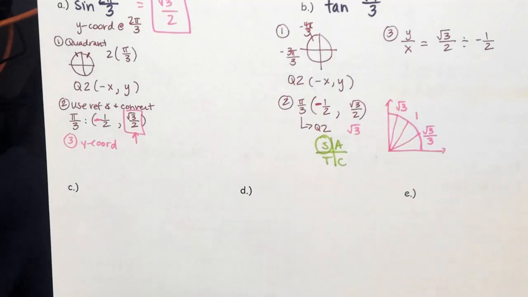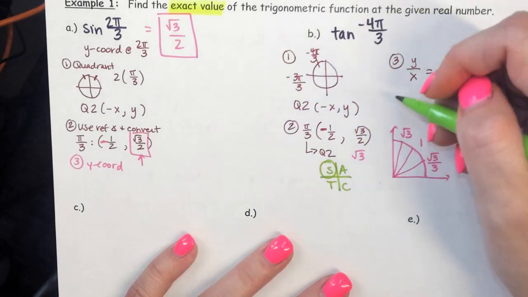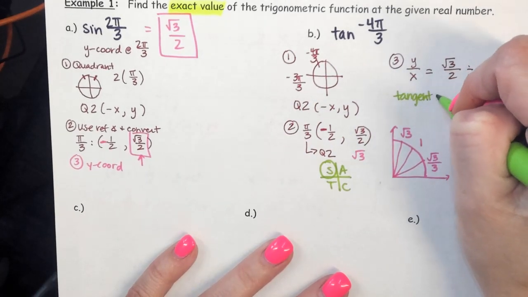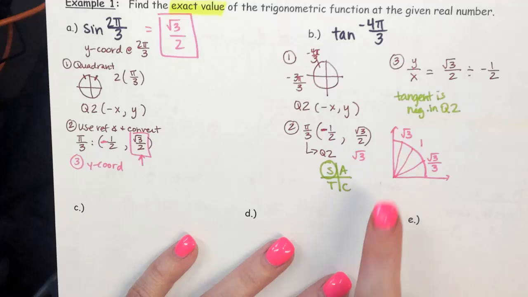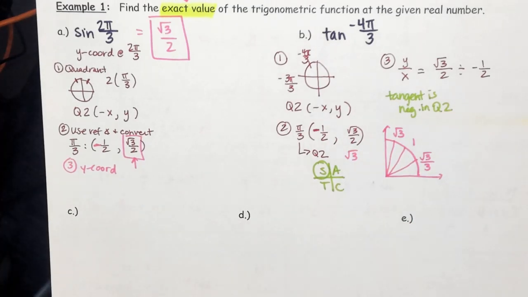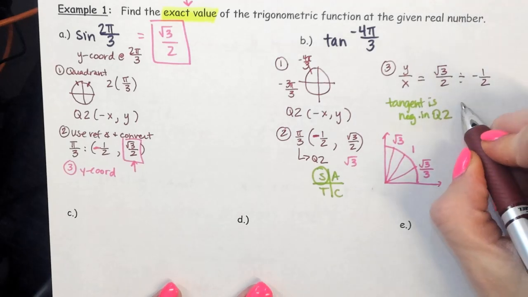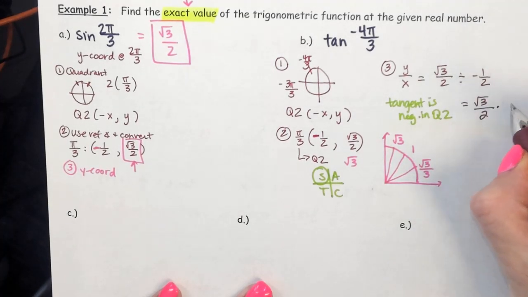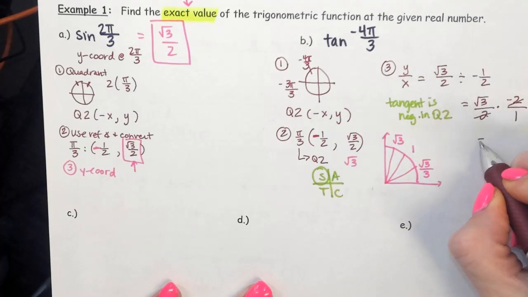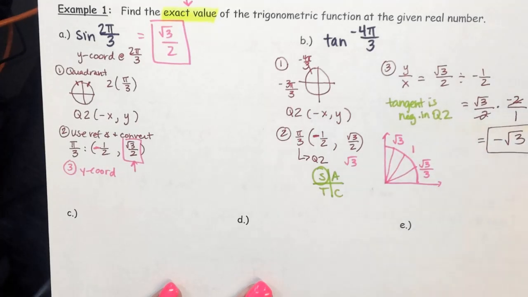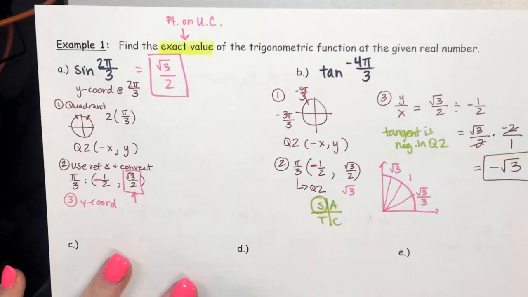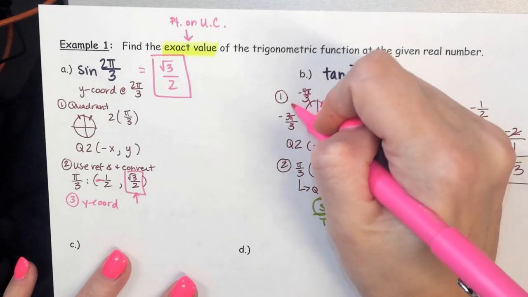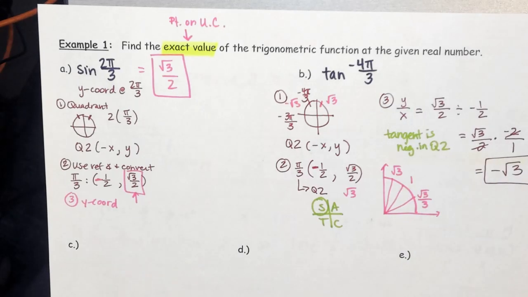Okay, so the sine is the only thing that's positive in quadrant 2, which means the tangent's going to be negative. Okay, so tangent is negative in quadrant 2. And you can just reflect it. If you don't remember that, you can always calculate it, but I think you guys are going to find it's a lot easier to just use the reflection to get negative root 3. So if I were doing this, I'd be like, oh, this is root 3. This is just the reflection, negative root 3. Okay?